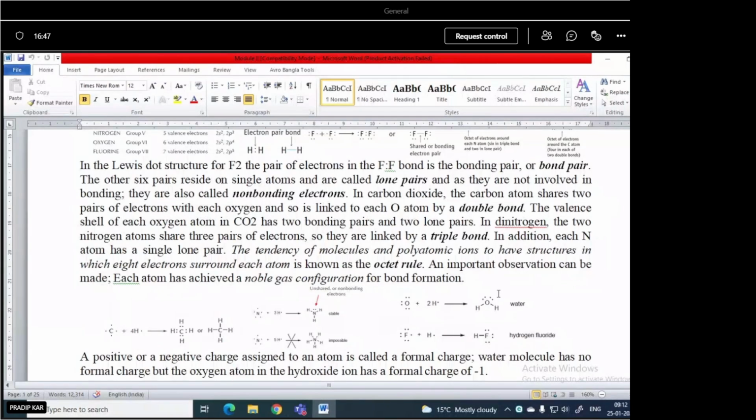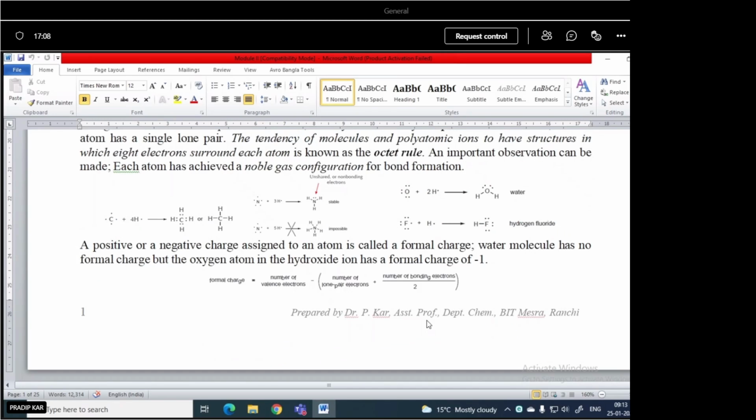Whereas in hydrogen, it is not possible to have 8 electrons; it will get 2, the nearby inert helium structure. And in the case of fluorine, having 7 electrons, it will share only 1 electron to have the full octet.